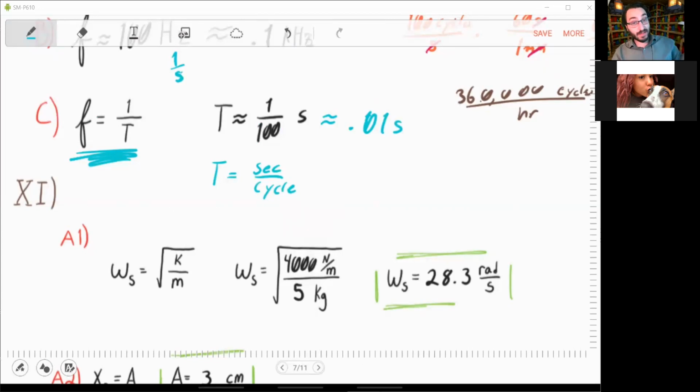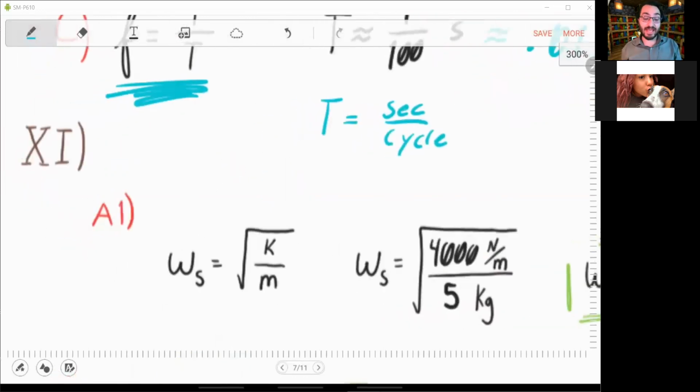Now, from lab and lecture, we determined that the omega of a spring is radical k over m. Now, in lecture and in lab, how did we do that? Well, we saw that T for a spring is equal to 2 pi radical m over k.